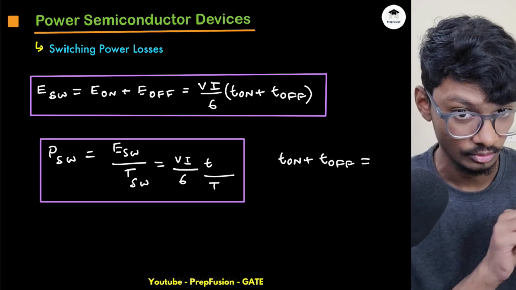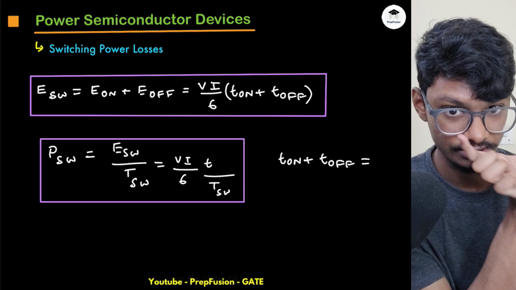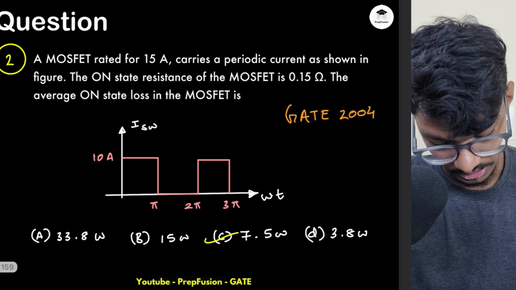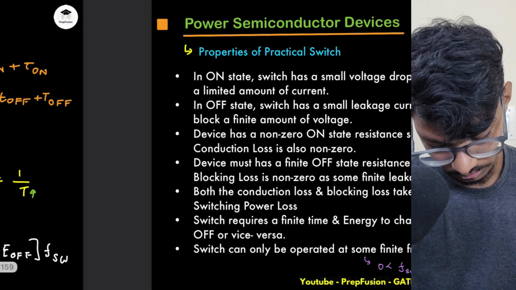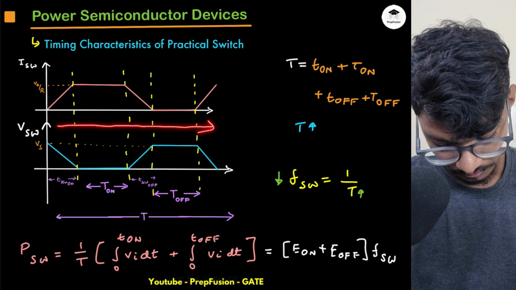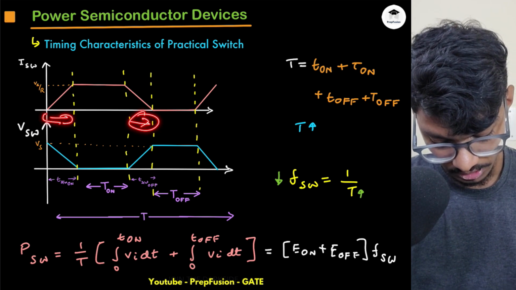Small t is for the turn on and turn off times, and this TSW is the overall period for which the switch is on and off, the timing characteristics. If we go and see, this is the overall t. For on, this is T on and T off, this is the small TSW.